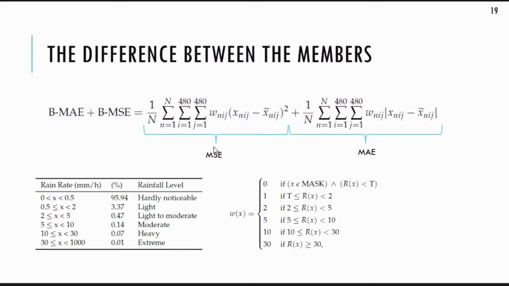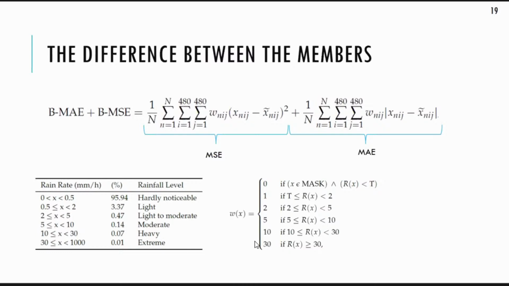they included some weighting in the loss function. And the weighting depends on how high the precipitation is at the target. So if the target has nearly no precipitation, then we only give a very low value to our loss. And if the target has lots of precipitation and is an extreme event, we weight that loss really high.